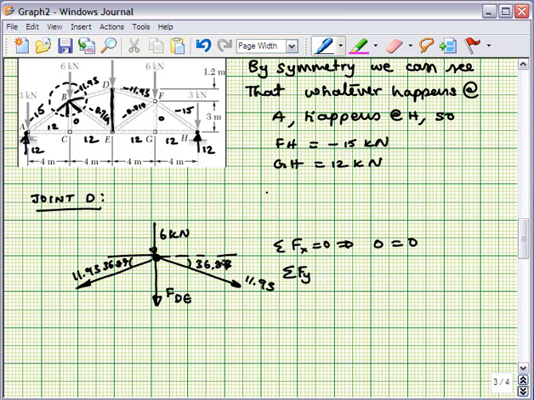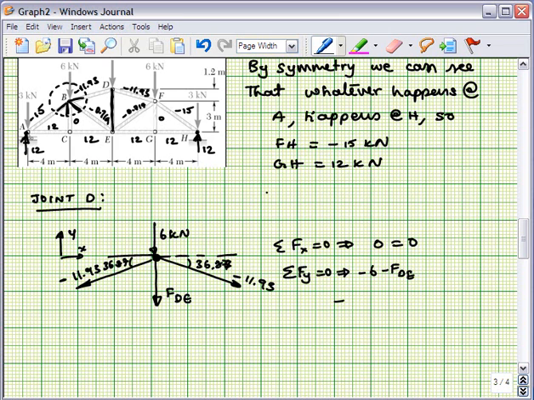Summation of all the forces in the y equal to 0 should give me minus 6 minus FDE. Those are both negative. So minus FDE, then minus, so remember y is positive this way, x is positive that way.